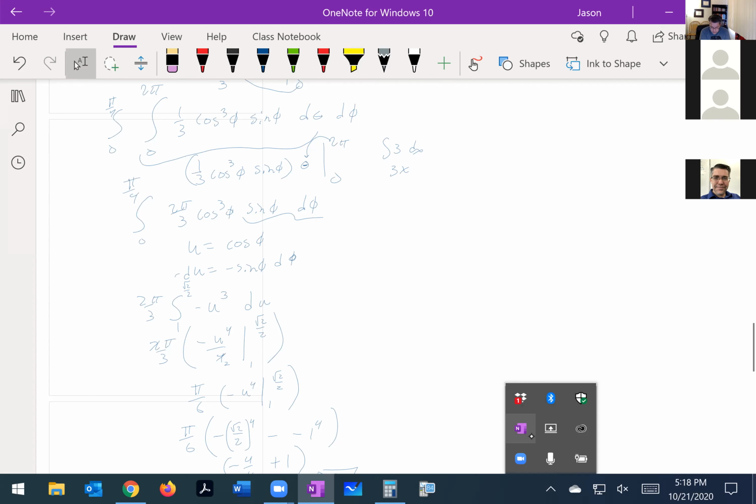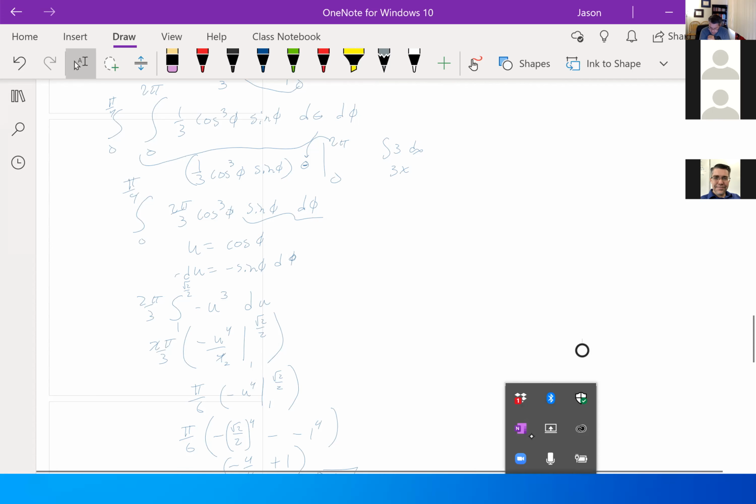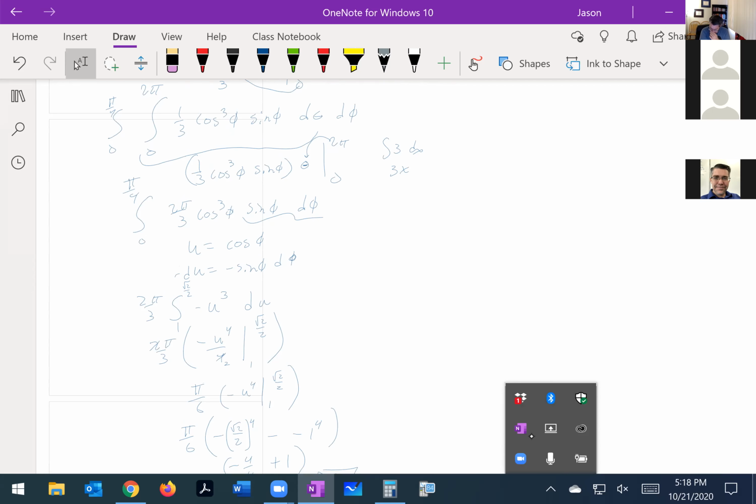I thought if I had some constant times cosine to the fourth, then by the chain rule it would get the same thing. Well, we're actually doing the reverse of the chain rule by doing a u sub, right? We're undoing the chain rule. Right. Okay. Yeah, that makes sense.